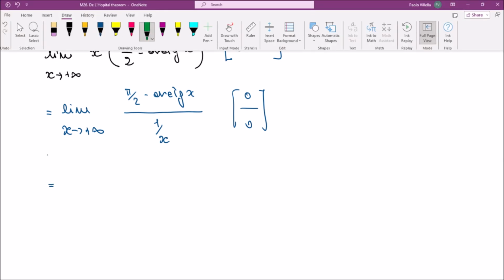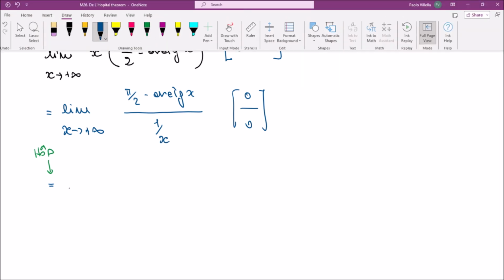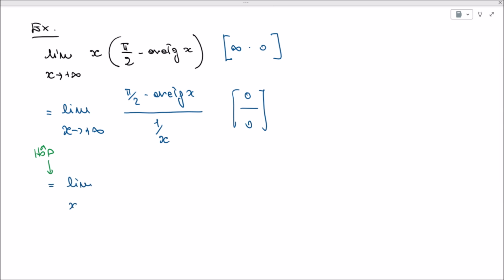So we are now in the situation where we can apply the L'Hopital theorem. Let me write here L'Hopital. And what we get now is limit as x goes to plus infinity, well, we need to take the derivative of the numerator, which is minus 1 over 1 plus x to the square, and we get minus 1 over x to the square.